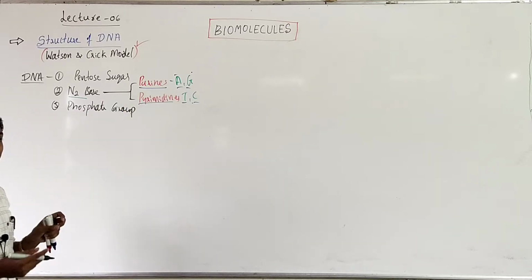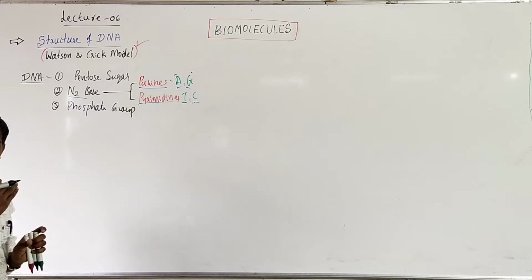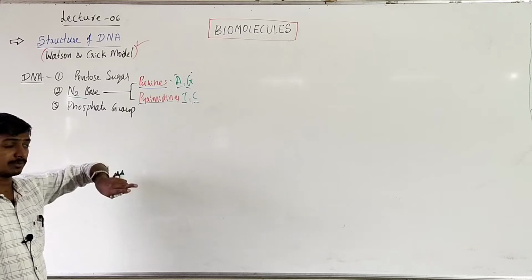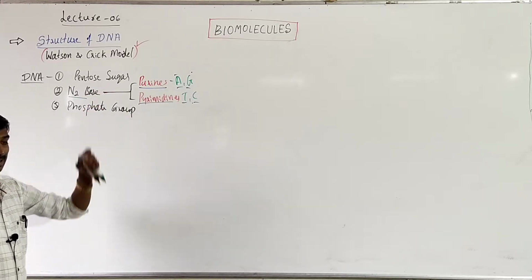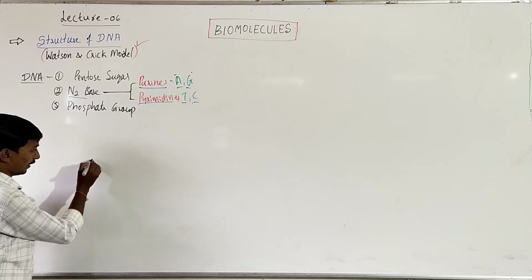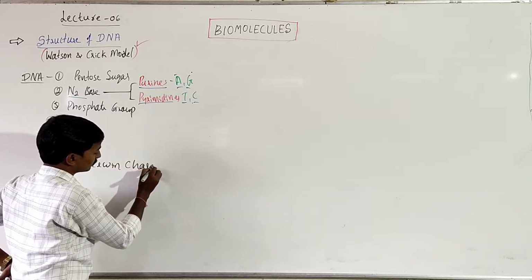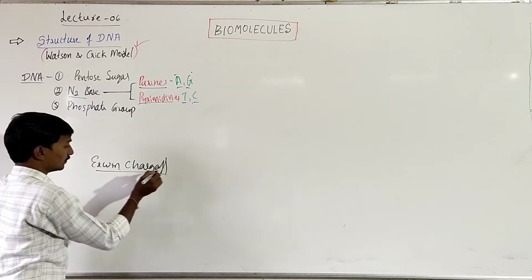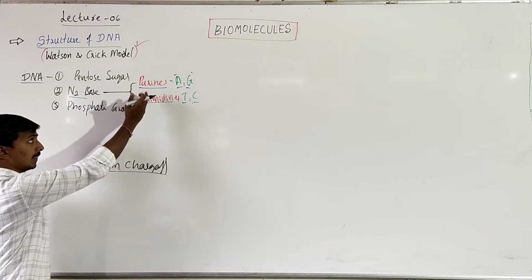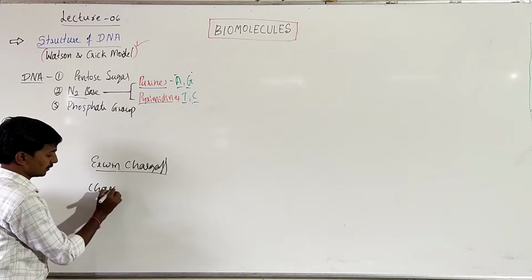It means there are particular rules, a particular arrangement, a particular sequence for the arrangement of purines and pyrimidines in the DNA. They were proposed by the scientist Erwin Chargaff. Hence the rules made by Erwin Chargaff with respect to the nitrogen bases are known as Chargaff's rules.